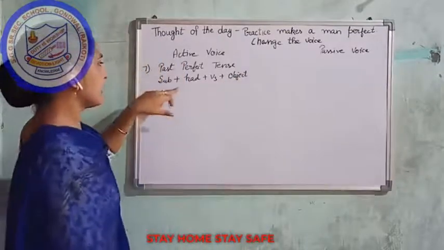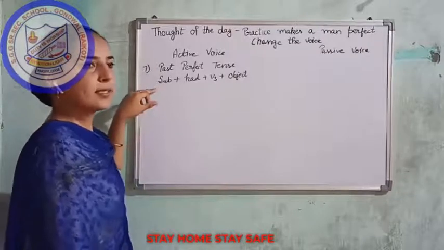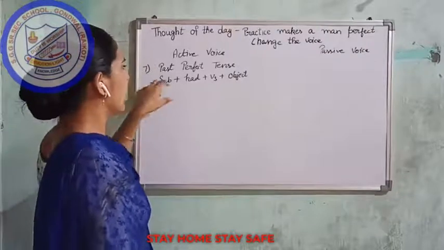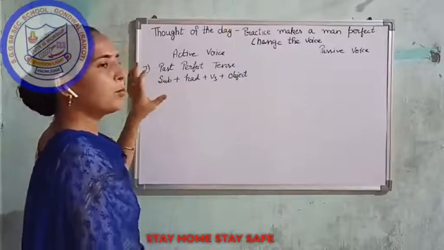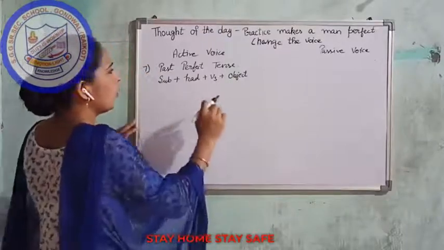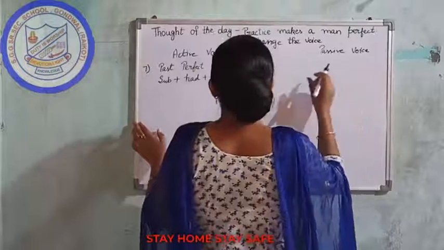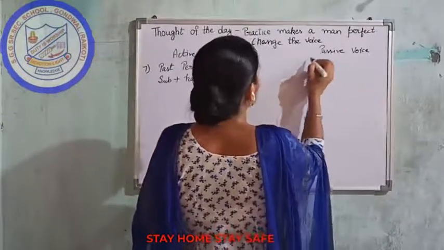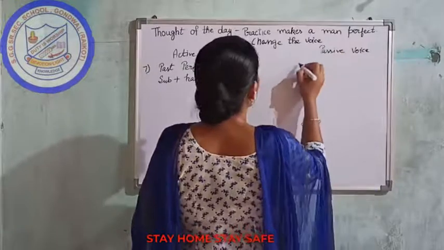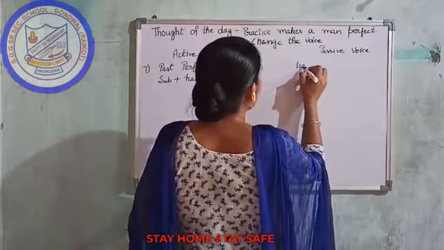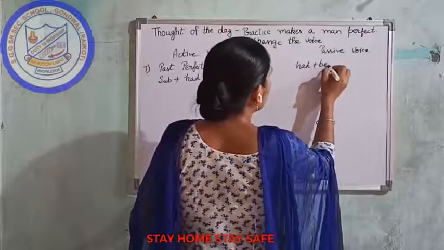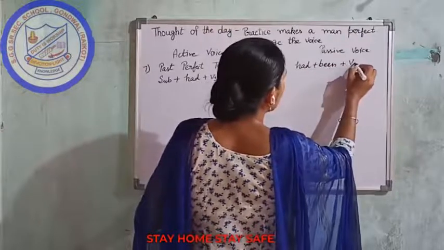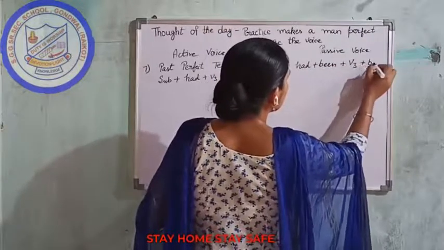It does not matter if the subject is singular or plural. Had will be used with both of them. So, it is very simple, and in passive voice we will write had been plus be3, then by.